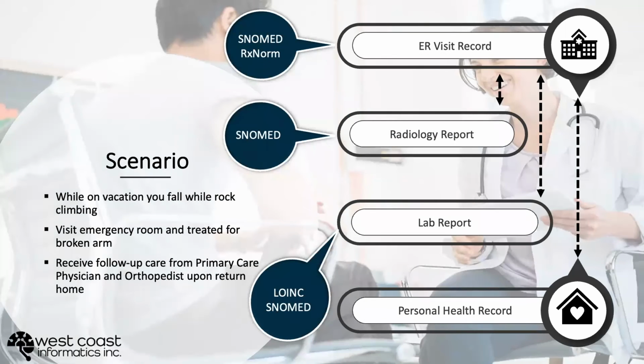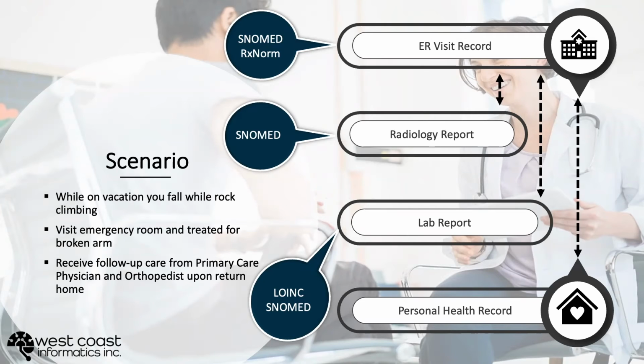So let's go back to our scenario. So within the EHR, from the ER visit, we're probably going to use SNOMED and RxNorm, but we'll also have LOINC in there from the lab report. So we'll have some LOINC in the ER visit record as well, just from communicating with the lab back and forth.